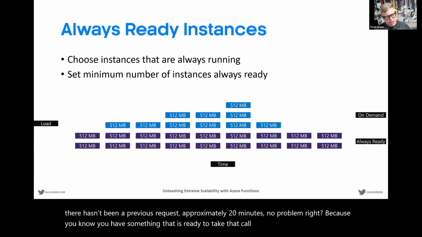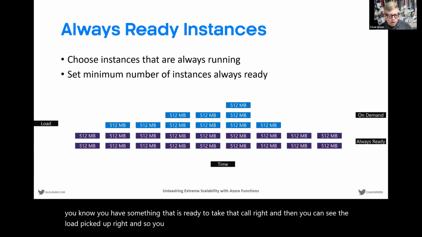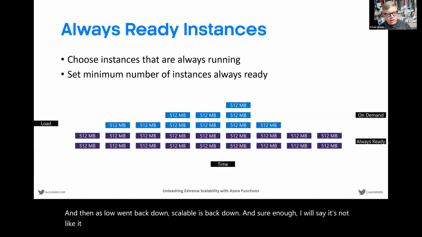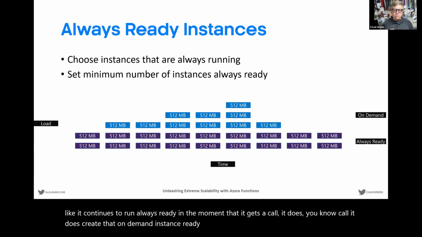Then you can see the load picked up, so it started on-demand instances, and as the load went back down, it scaled those back down. And I will say it's not like it continues to run the always ready. The moment that it gets a call, it creates that on-demand instance, ready to take on your needs.